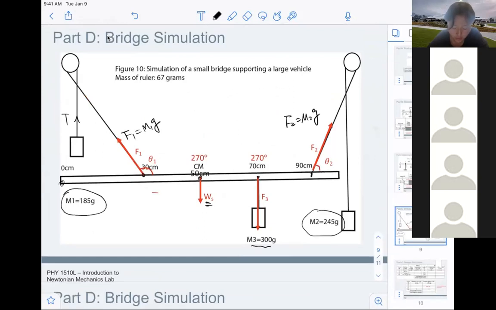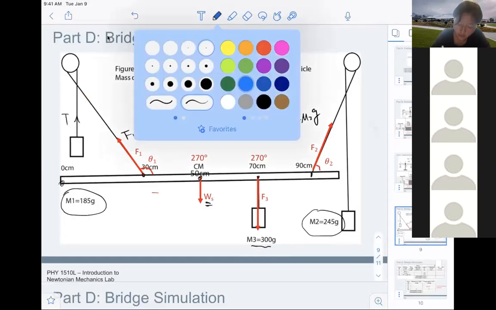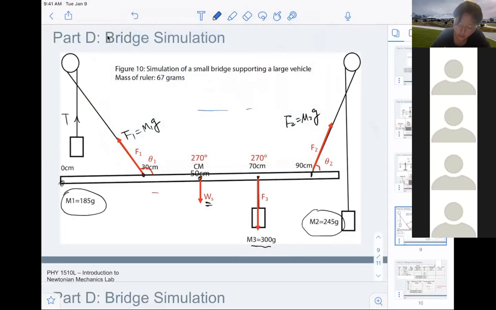So how do you translate that into an X and Y component? Let's say we will define a direction to be, this is positive, and this is positive. Now you can define it differently. To the left is positive, or downward to be positive, that is fine. So if we define to the right as positive, how do we write down the X component of F1?